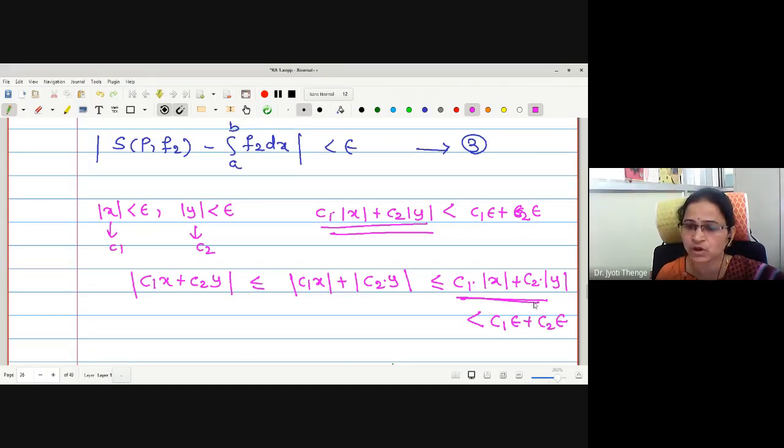Therefore, the combined modulus of c1x plus c2y is also less than the same term.